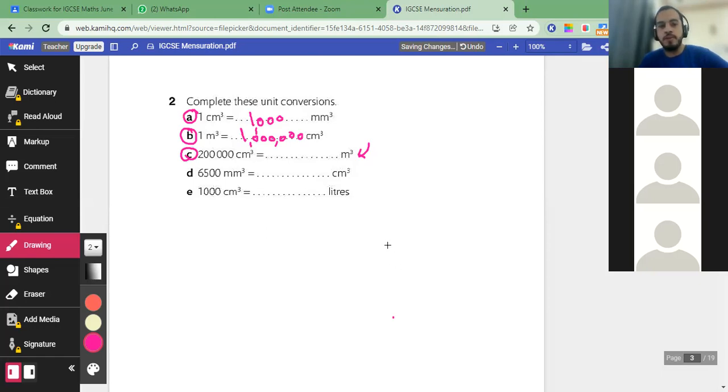To convert from cubic centimeter to cubic meter, you divide by what?